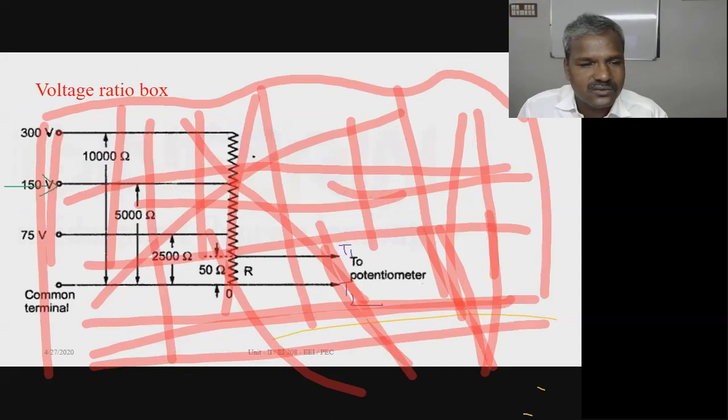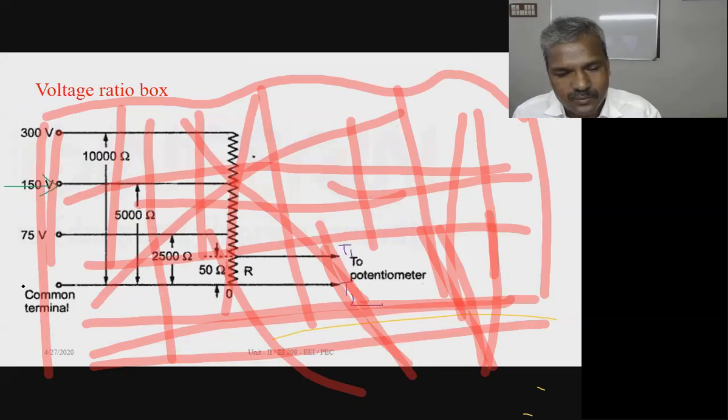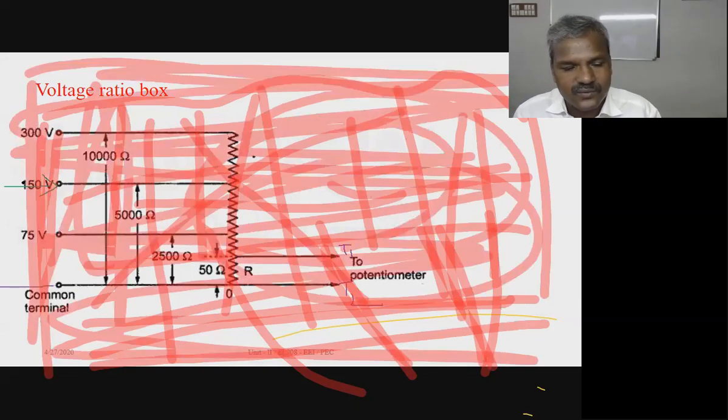Understand? Suppose the unknown EMF is around 150 volt. Connect that source here and the common terminal here, so 150 volt and the 0 position, and the potentiometer is connected here.